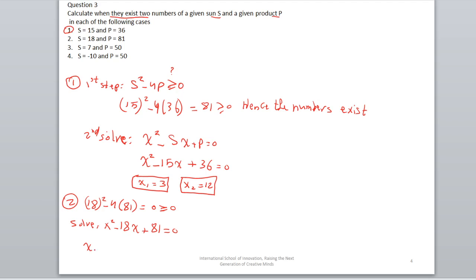So x1 equals x2 equals 9. So it has a double root. The double root is 9. 9 plus 9 is 18, 9 times 9 is 81. So we are finished. That was everything in this part.